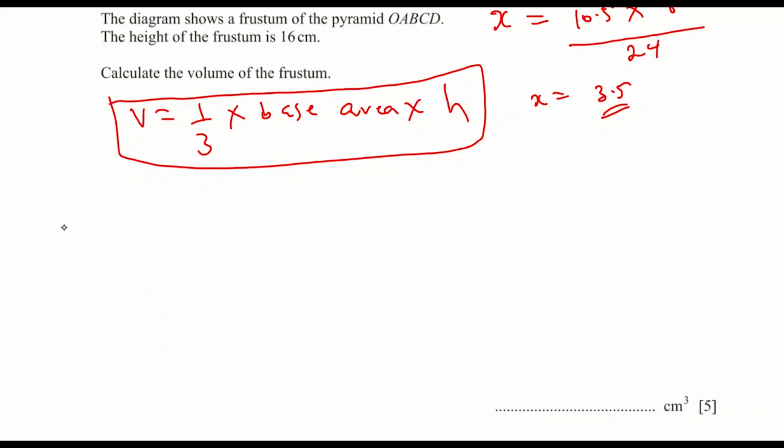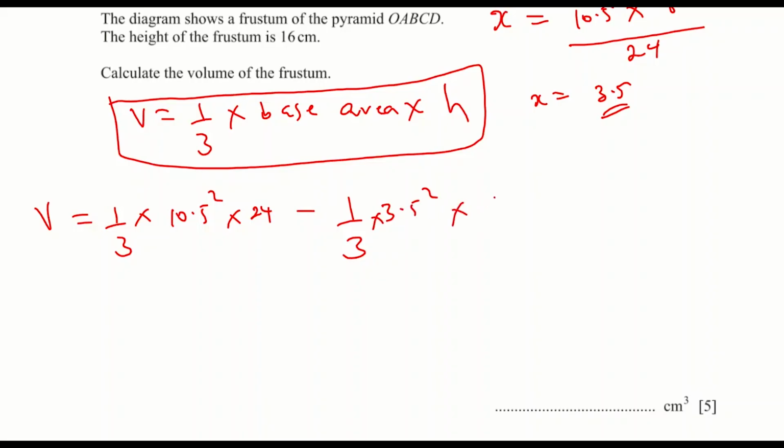So the volume V will be equal to 1/3 multiplied by the base area times height of the bigger pyramid, that is 10.5 squared multiplied by the height, which is 24, minus 1/3 of the base area of the smaller pyramid, that is 3.5 squared, then multiplied by the height, which is 8.